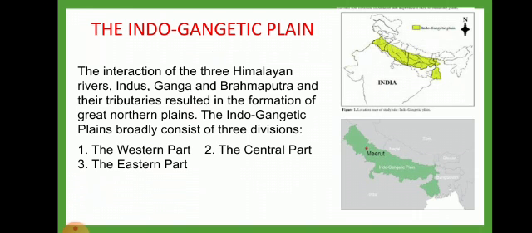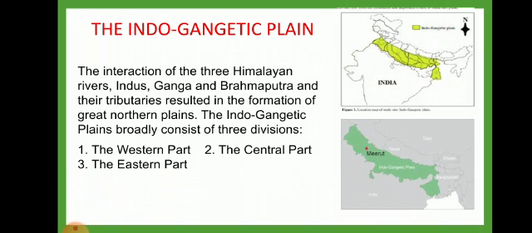This plain is formed by the interaction of the three Himalayan rivers, Indus, Ganga and Brahmaputra, and their tributaries, resulting in the formation of the Great Northern Plain.